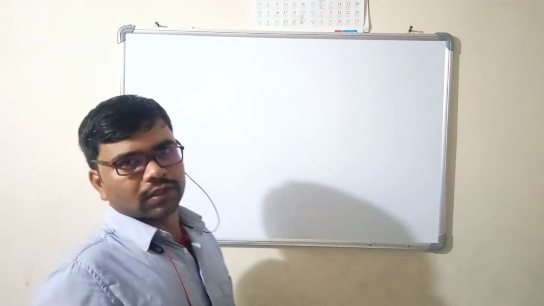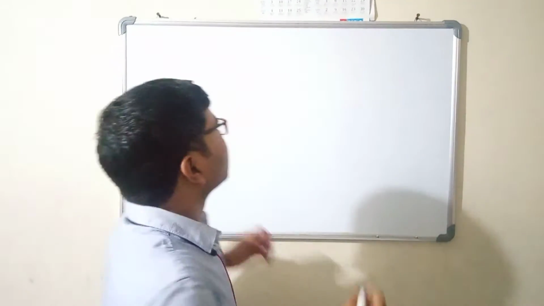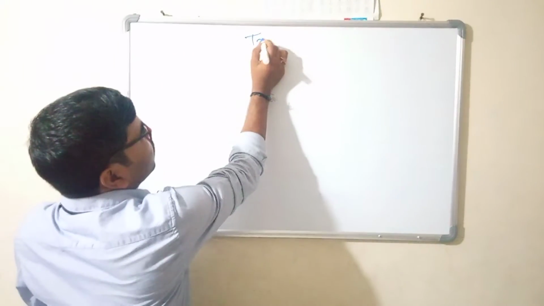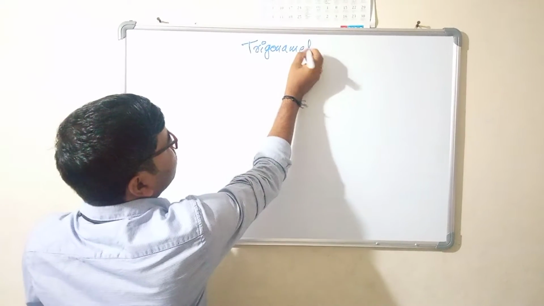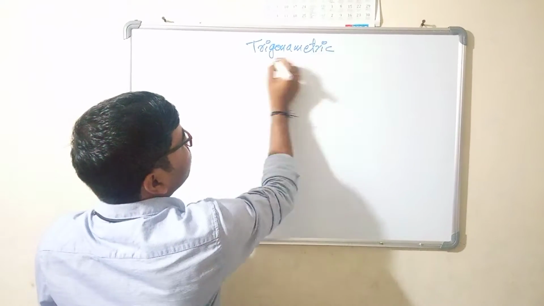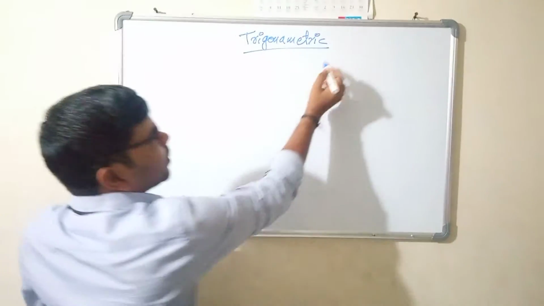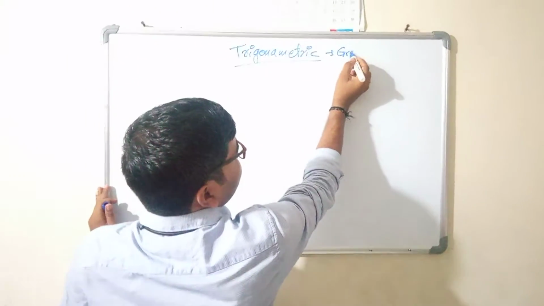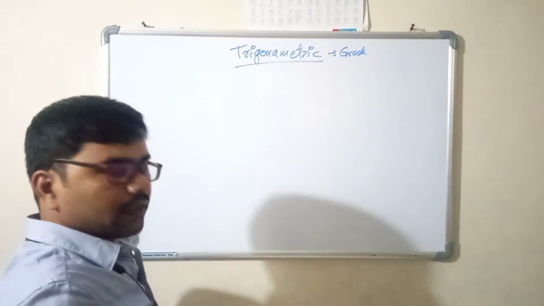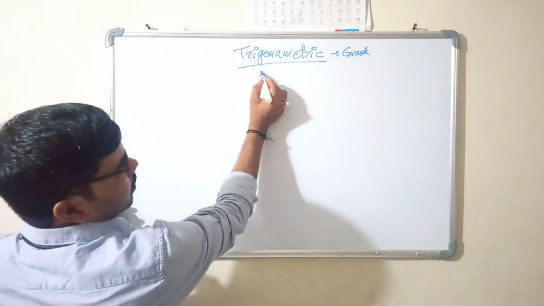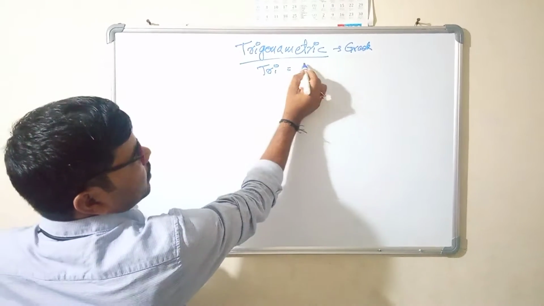Today we will discuss the trigonometric topic. Trigonometry is a Greek word, a combination of three words. Tri means three in English.